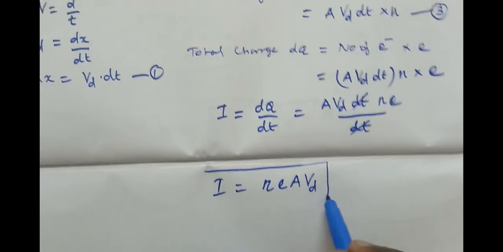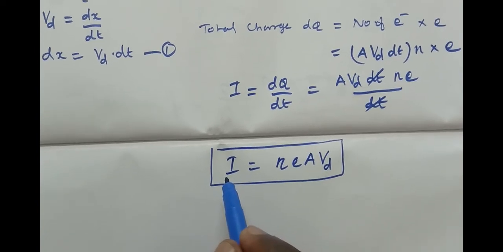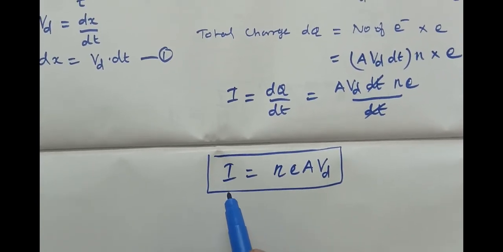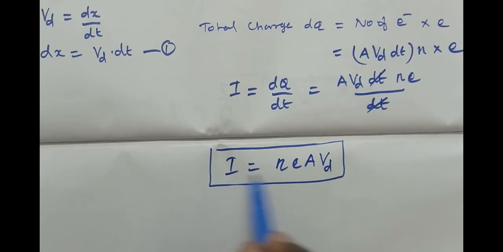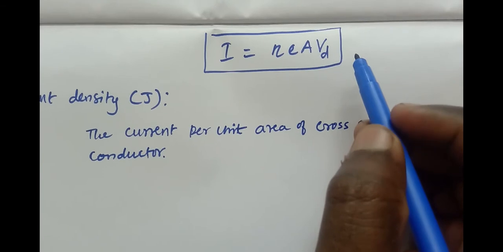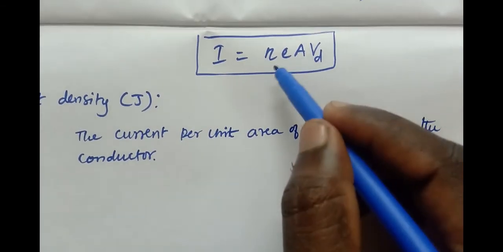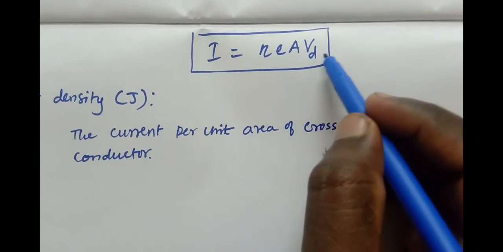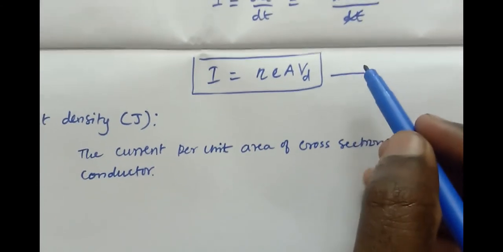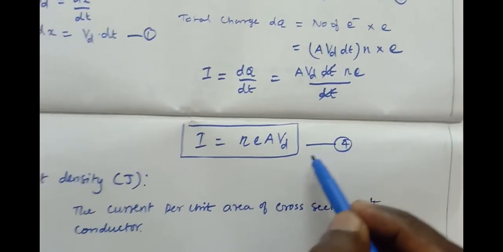This is the relation between drift velocity and current. Are you clear, children? I is equal to n e A vd. This is equation number 4.